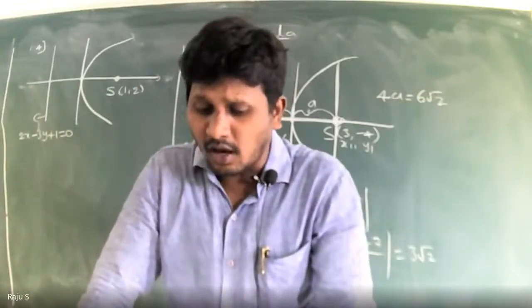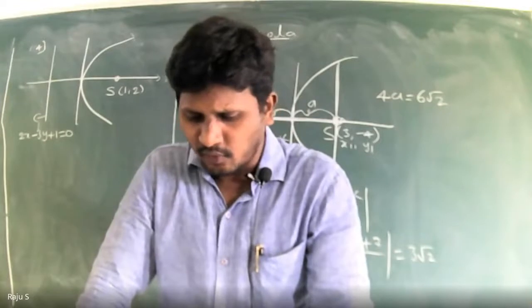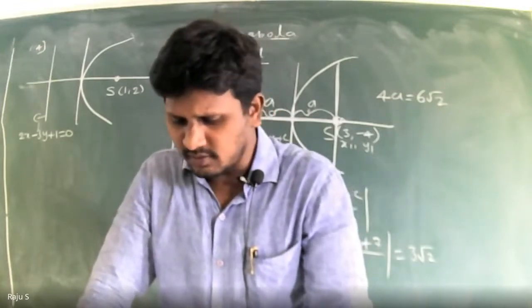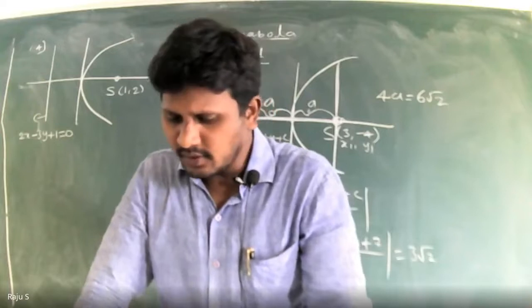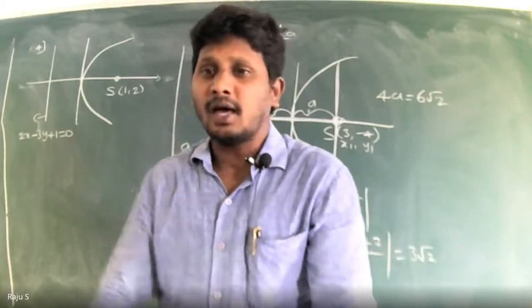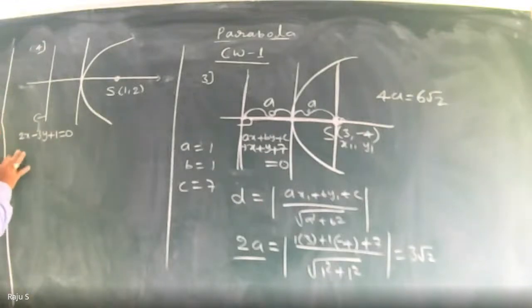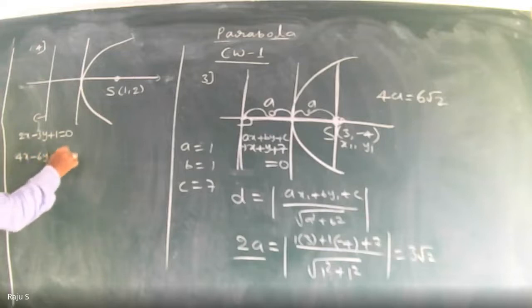If you observe the options, the first one is 4x minus 6y plus 5, then 4x minus 6y plus 11, all 4x minus 6y, because they are parallel. When I multiply the given equation by 2, we get 4x minus 6y plus 2 is equal to 0.